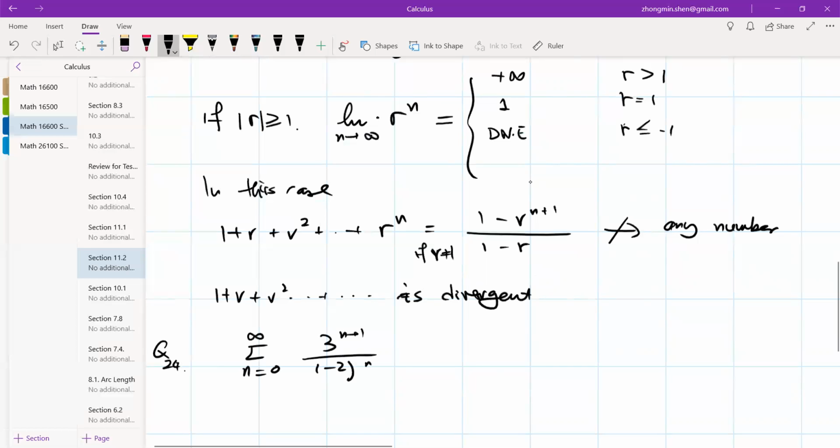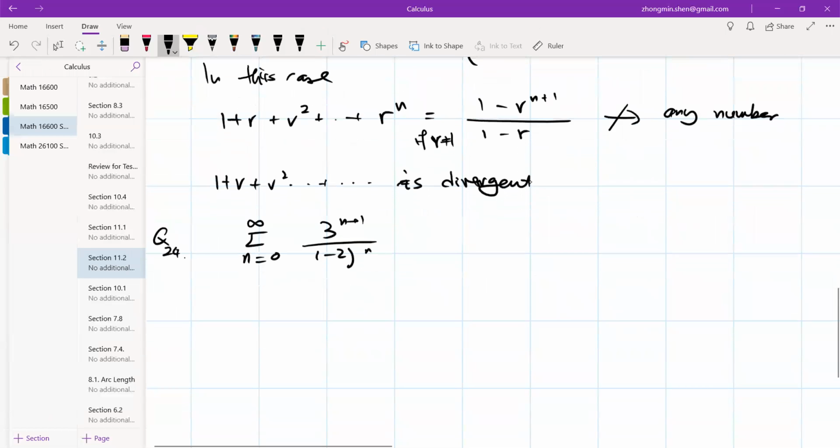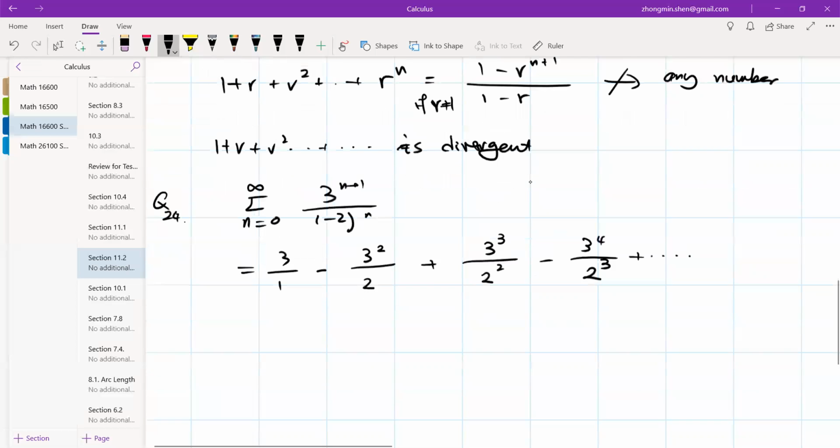So this notation means when n equals 0, the first term is 3 and the denominator is just 1. The next term, when n equals 1, is 3 squared over 2. Plus 3 cubed over 2 squared, and minus 3 to the 4th power over 2 cubed, and keep going. So many terms here.